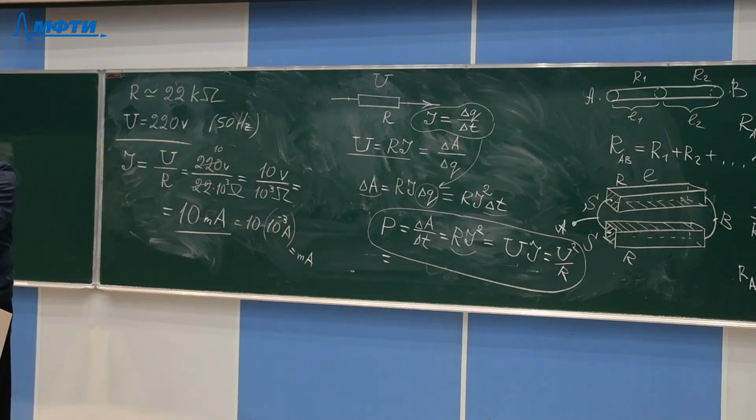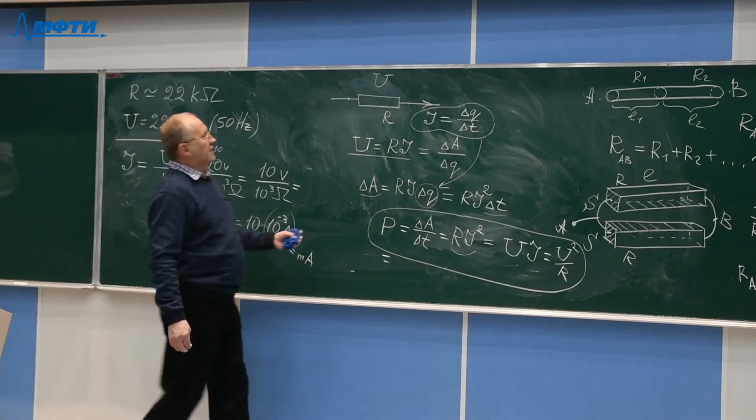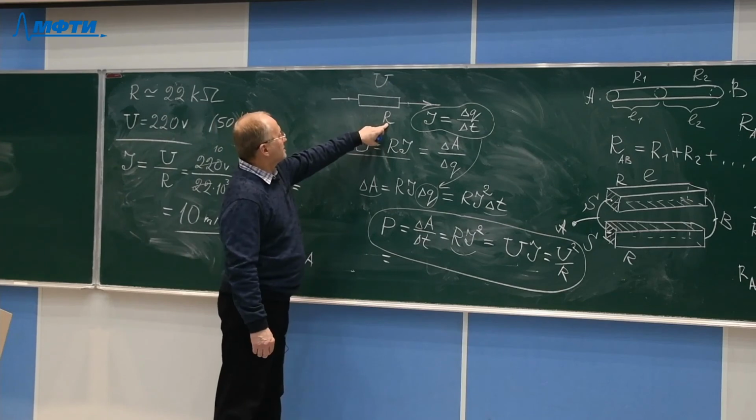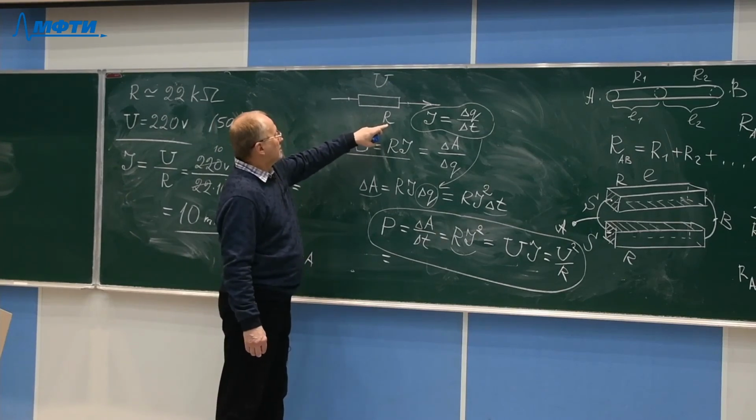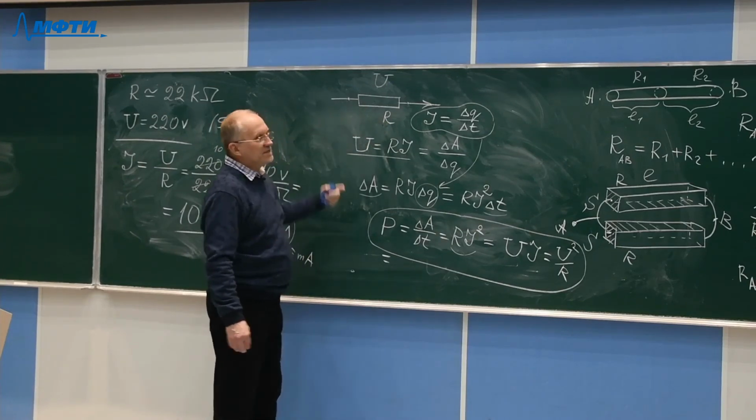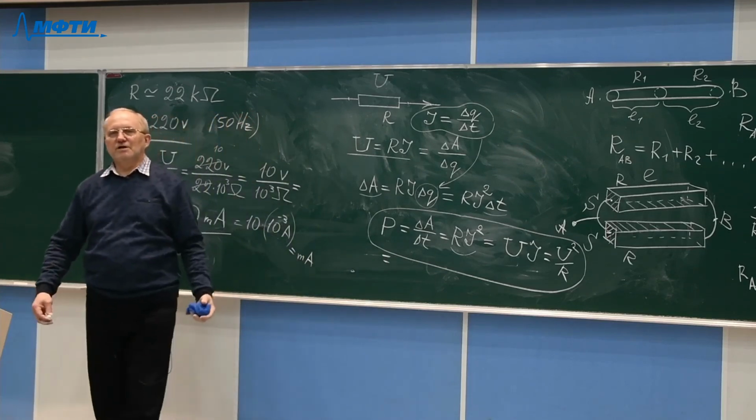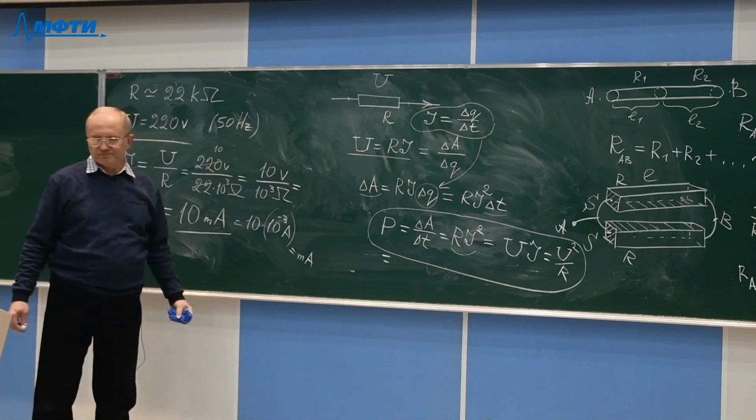That's a very important issue: any electric circuit element has its own resistance, and then there is some heat energy released on any element of an electric circuit.